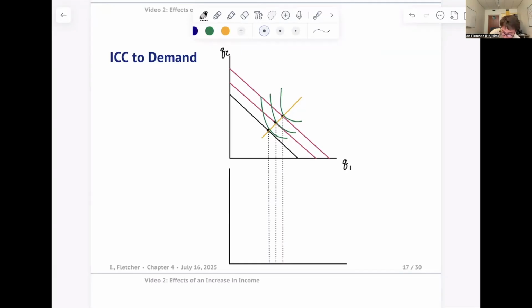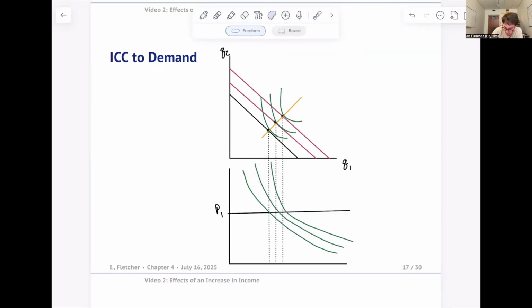And if we have each of these, then we know here that our quantity was changing, but our price is not changing. Then we can translate it to be something like this, which doesn't look super informative, but if we think about what is actually happening with each of these demand curves, we have this demand curve here, and then another demand curve here, and a third demand curve here.